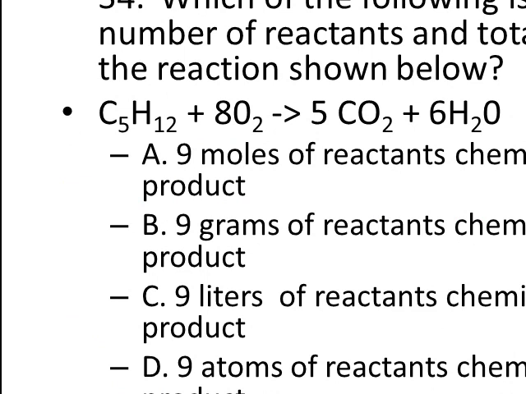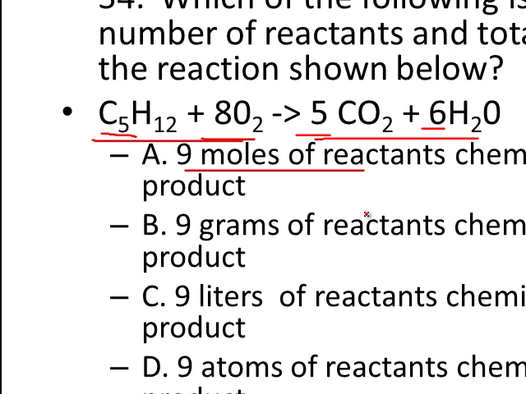Let's look at 34. It's also a very tricky definitional type of question. It's trying to figure out, do you know what's really being balanced? So obviously we have 11 and 9 of something. This reaction, for the most part, when we do our ratios, is always talking about moles. So we have 9 reactants, which is the stuff on the left side, and we have products, which is to the right.